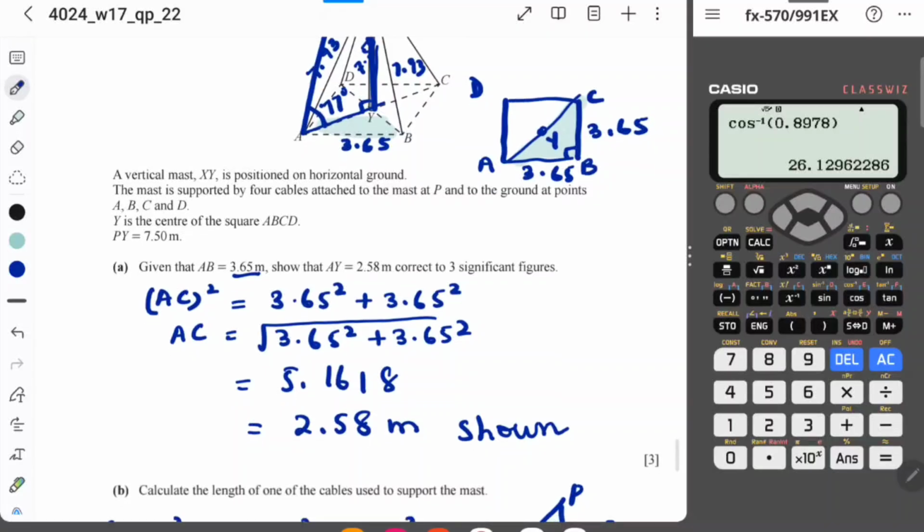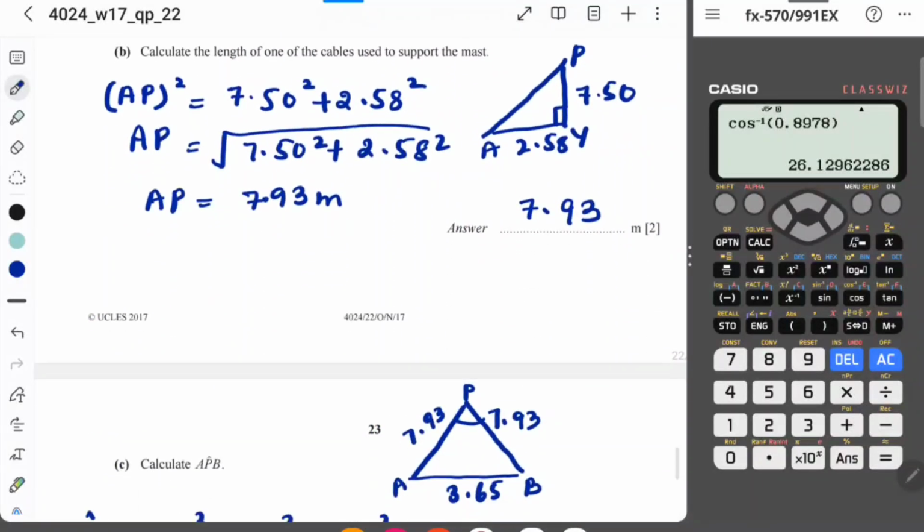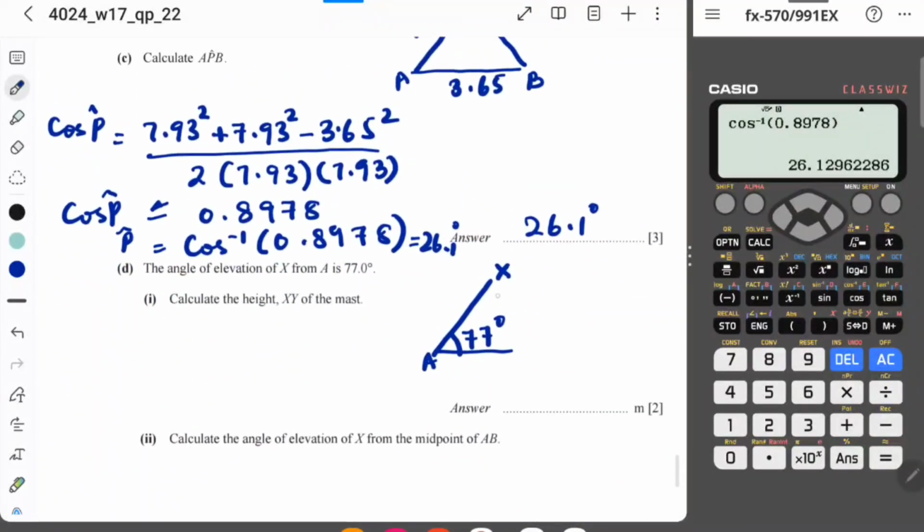I'm drawing a diagram and completing it. We have to find XY, with 90 degrees here, and this is 77 degrees.